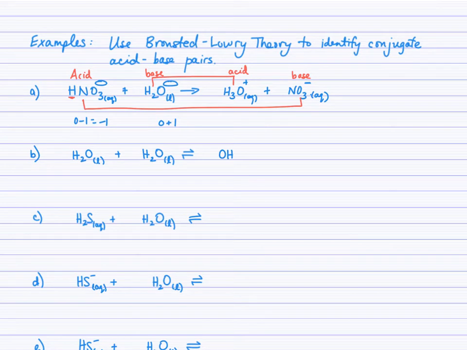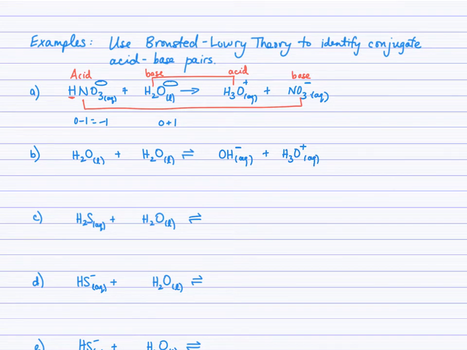And that neutral charge, as it loses a positive, becomes OH negative. What happens to the water that gains the proton? Well, H2O becomes H3O, and the neutral becomes +1.